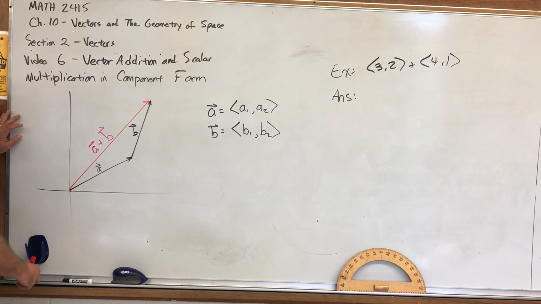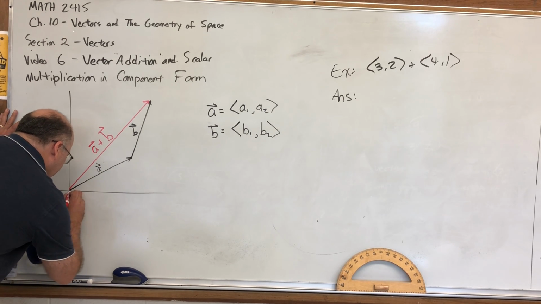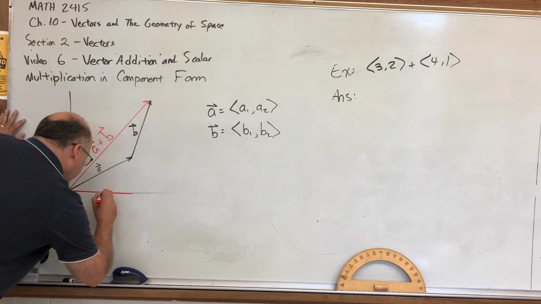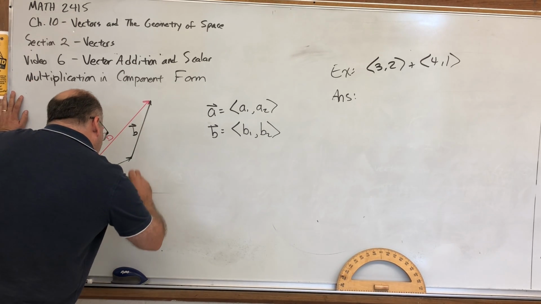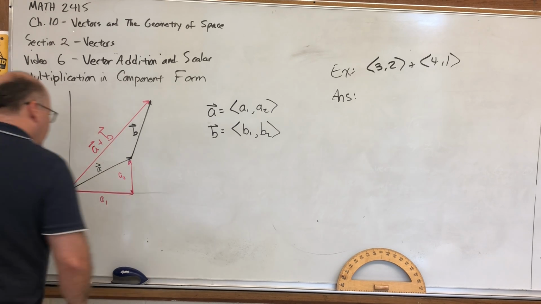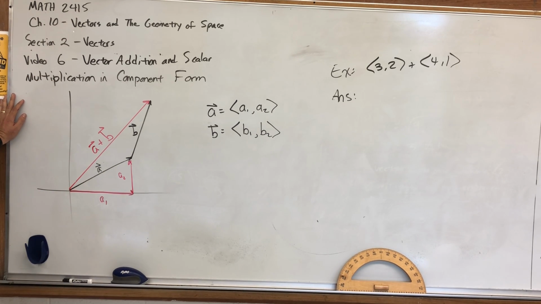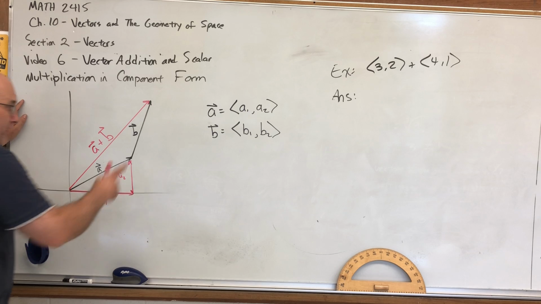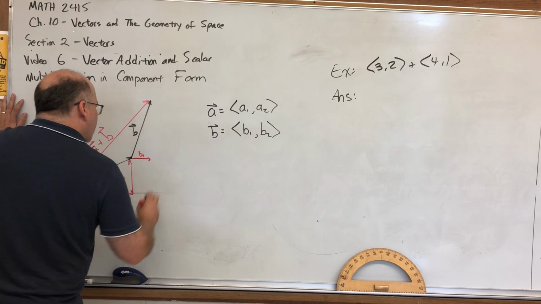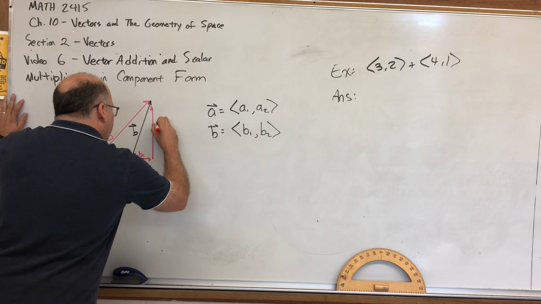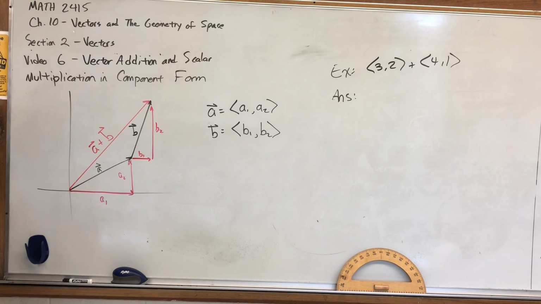So specifically, A1 means that for vector A, I would travel A1 horizontally and then A2 vertically to get to its terminal point. And the same thing for vector B: I would travel B1 horizontally and B2 vertically to get from the initial point of B to its terminal point.